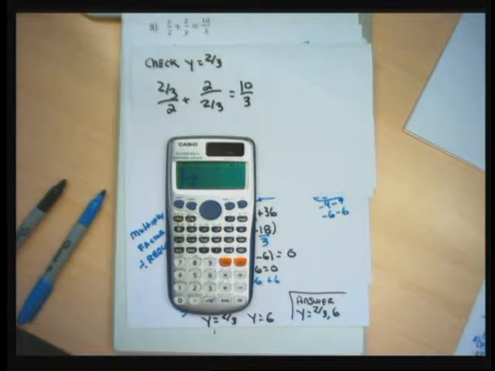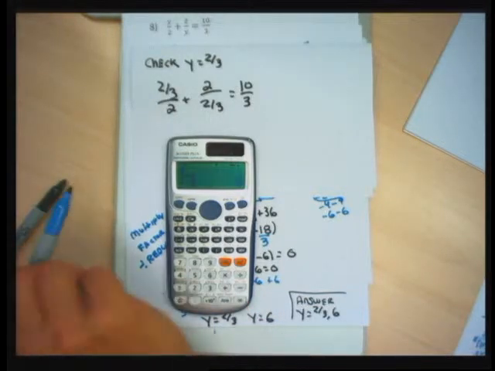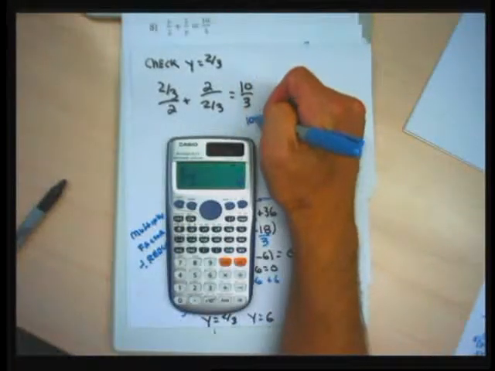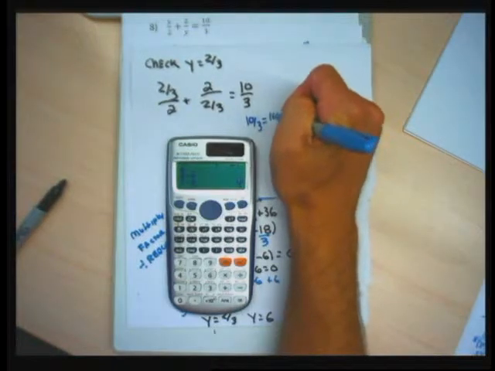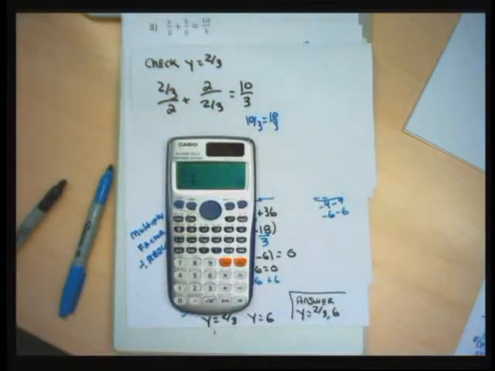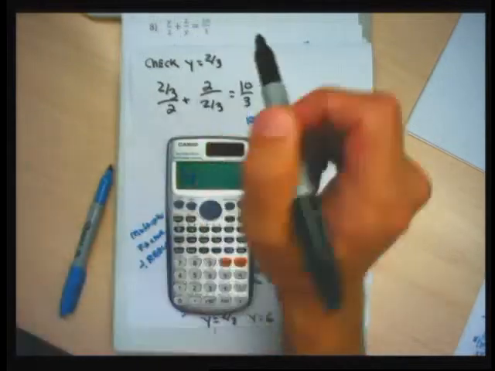Looks kind of good. I think I have that right. 2 over 3 over 2 plus 2 over 2/3. And when I hit enter, I get 10/3. That's a thing of beauty. So that's a right answer. That was a nuisance to check on my calculator, but way easier on my calculator than by hand.